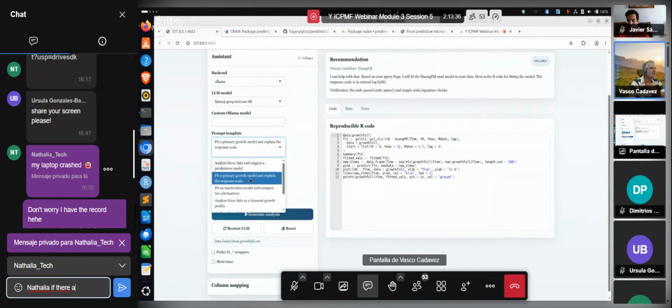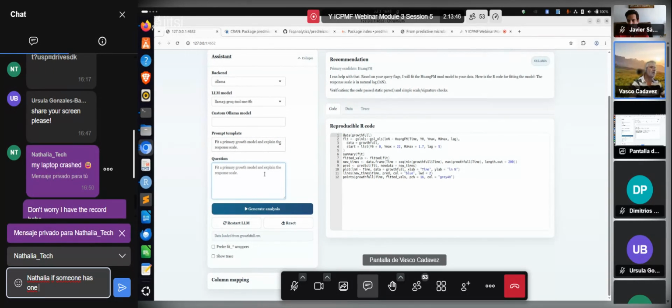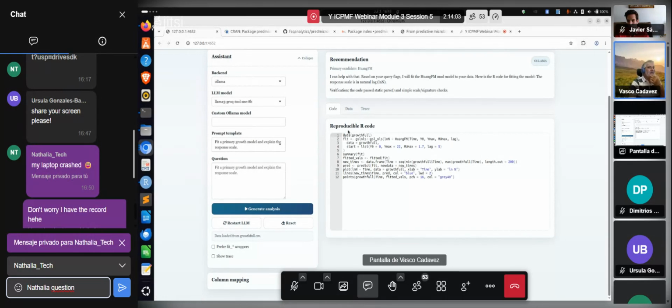You have some typical questions, but you can write your own question. Okay, so you can come here and type your question. So I typed: fit a primary growth model and explain the response, and I asked it to generate the analysis, and the LLM agent reads the data set and gives you R code to fit your data.